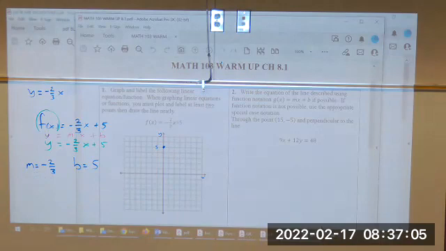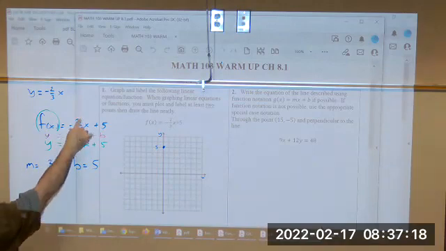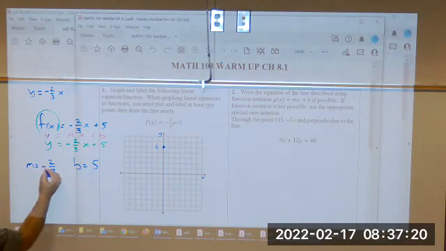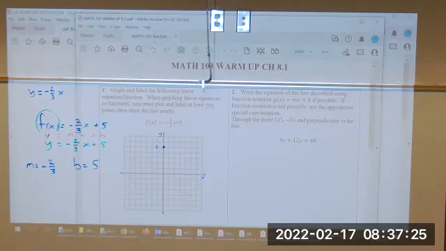The slope tells you how to get from one point to the next point. The slope is directions on how to go from one place to the next place. Now, the slope, the negative is right in front of the fraction like this. And as I keep telling you, if I have a negative slope, I prefer to put my negative in the numerator and keep my denominator always a positive.